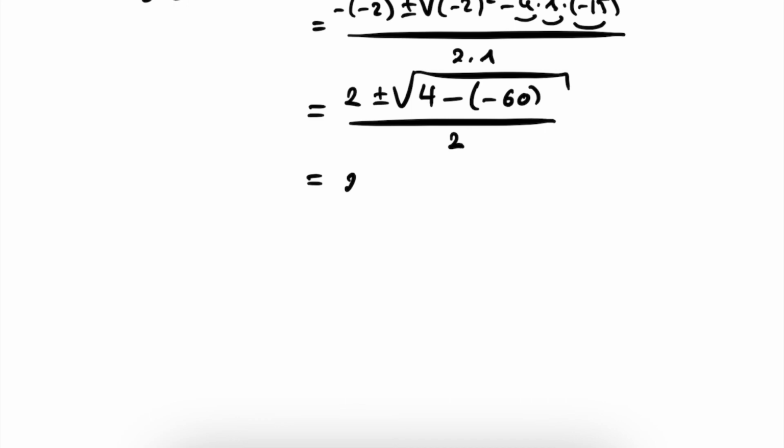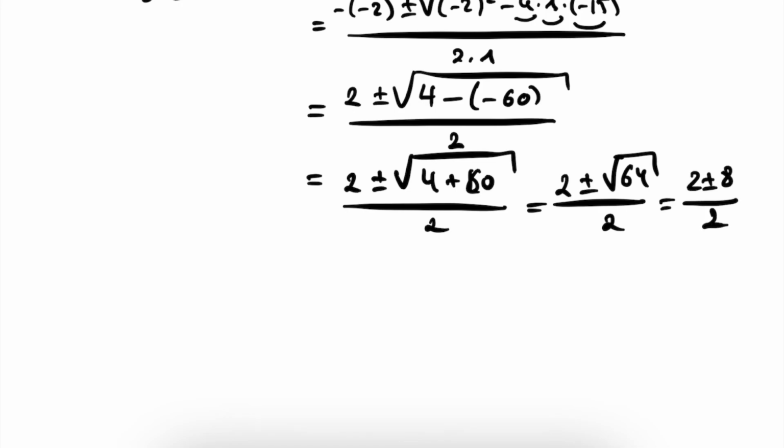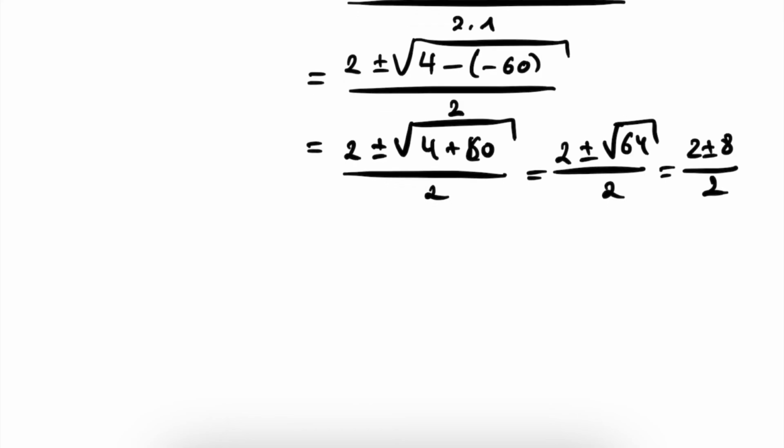And again, we get 2 plus minus 4 plus 60 divided by 2 is equal to 2 plus minus square root of 64 divided by 2 is 2 plus minus 8 divided by 2. And we have our results here.